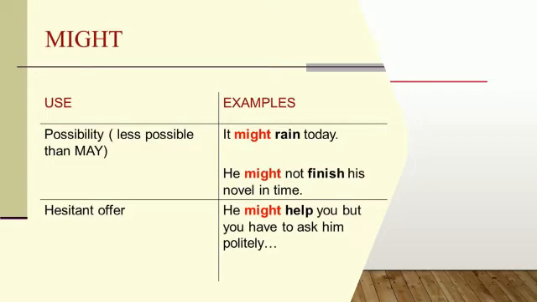Now, sometimes if someone comes and asks me, can you give this to me, please? I may want to say yes, or sometimes I may even say no. That's a hesitant offer. You're double-minded, can I say yes or no? So that's about might.